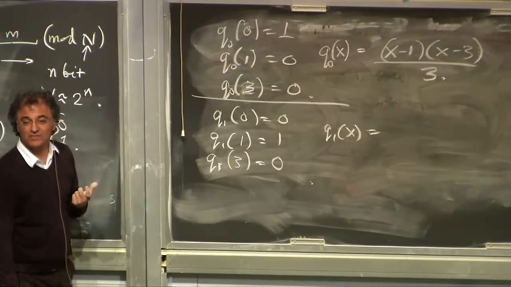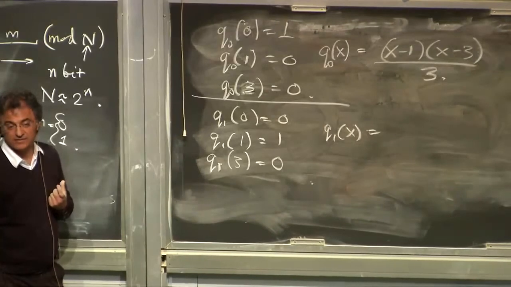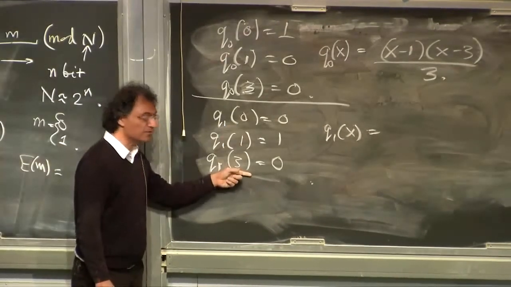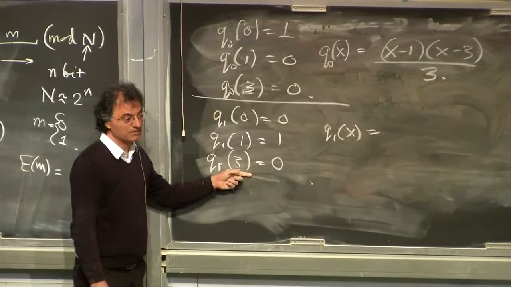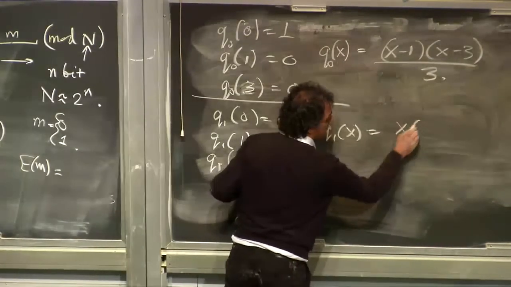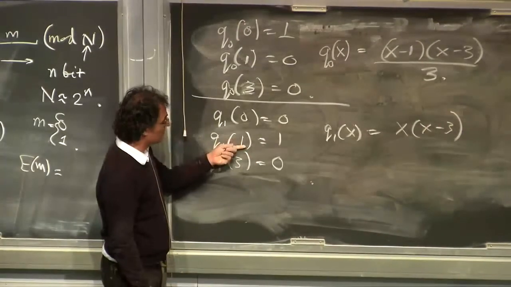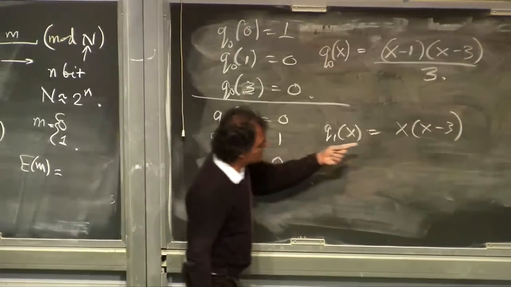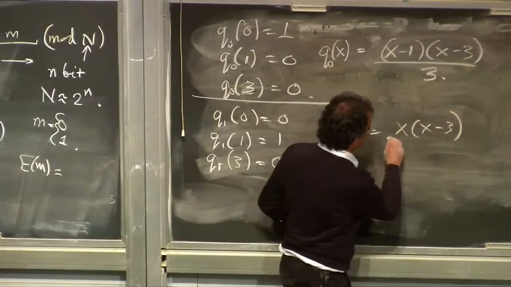We want 0 and 0, so what should we do? Yeah, x times x minus 3. And then we want q sub 1 of 1 to be 1. So if we substitute x equal to 1, we get 1 times minus 2. So we should divide by minus 2.